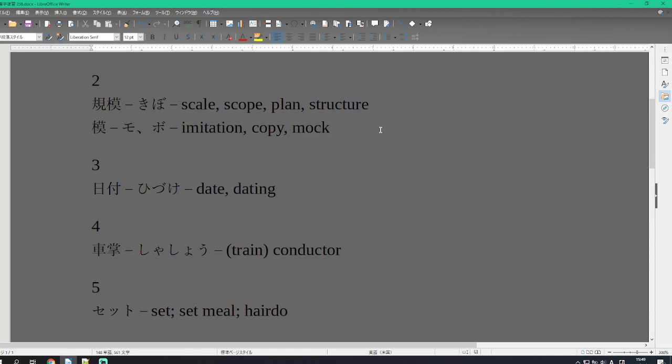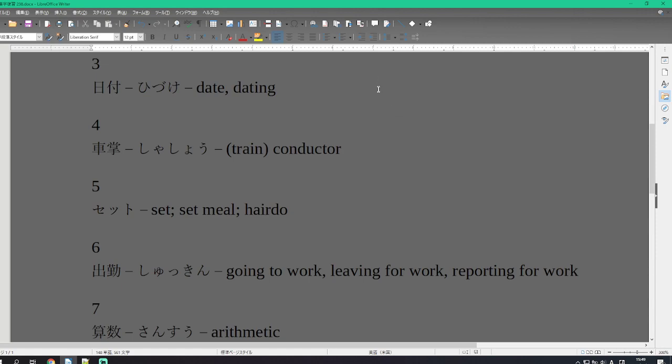Imitation, copy. Ki, standard. Kibo no bo, imitation, is scale, scope, plan, or structure.